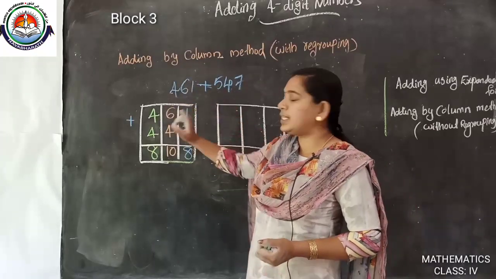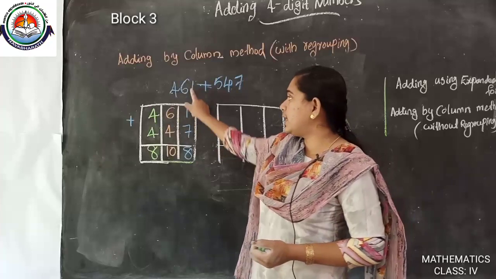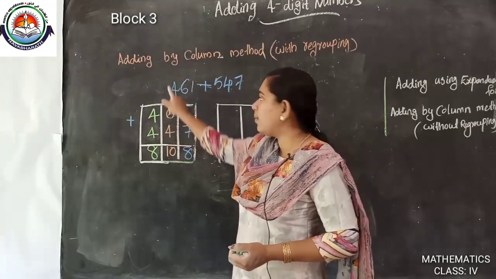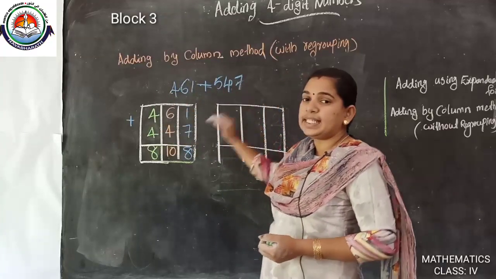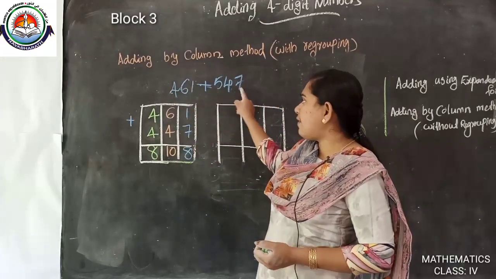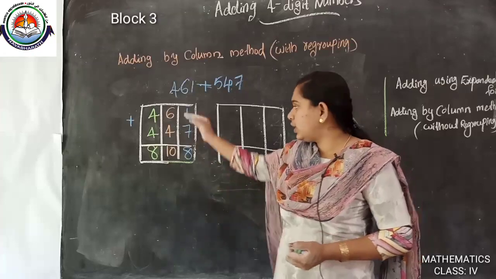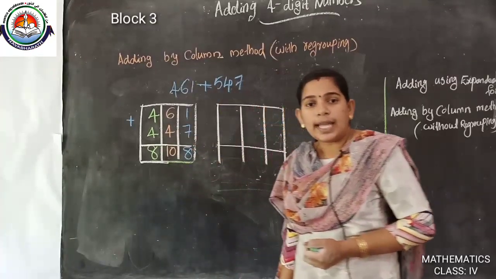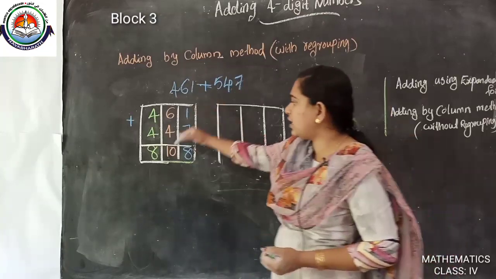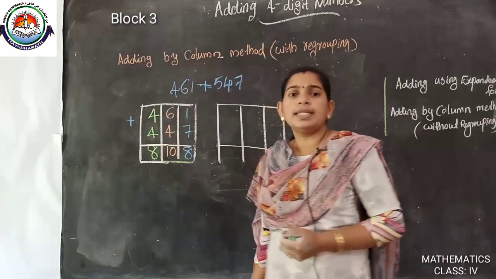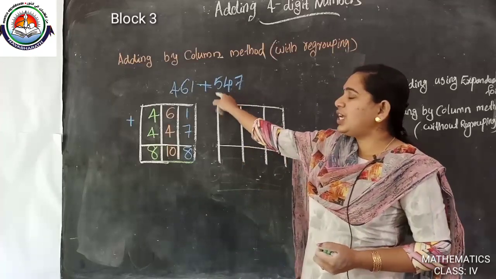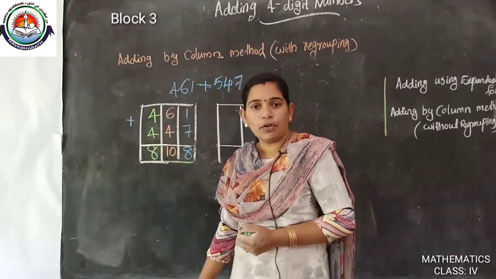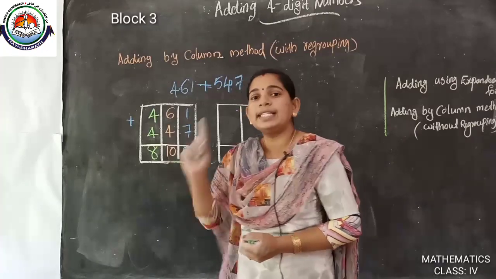We write the first number's first digit in the ones place, 1. Then 6 here, 4 here. Then the second number's first digit 7 goes just below 1. She wrote that correctly. Then the next digit is 4, and she is placing it just below 6. But instead of 5, she wrote 4. Okay, that is the first mistake.